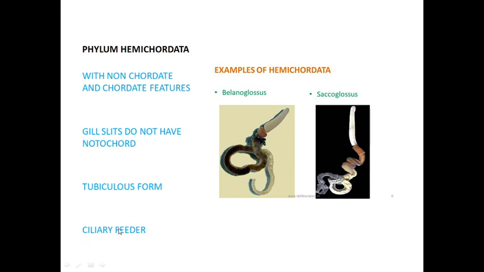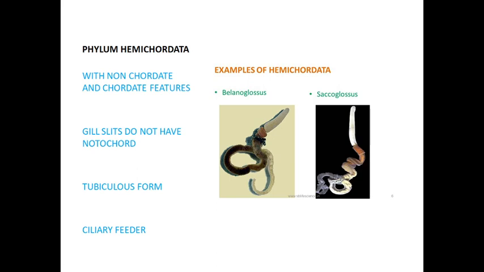That is called ciliary feeding. The examples are Balanoglossus and Saccoglossus. These are the two examples of the phylum Hemichordata.